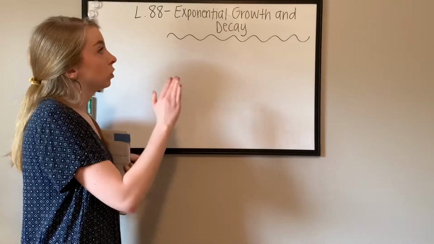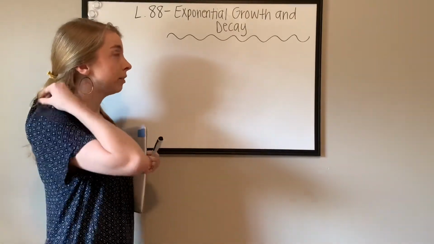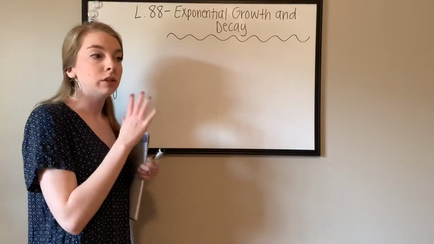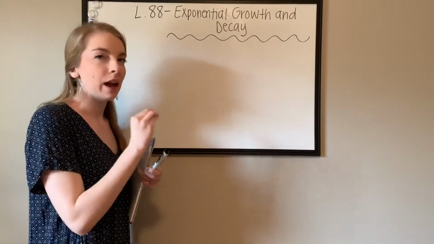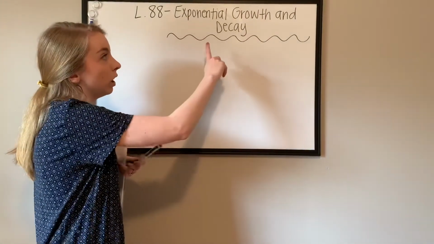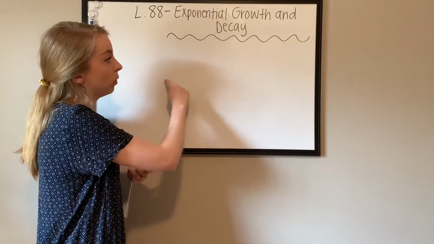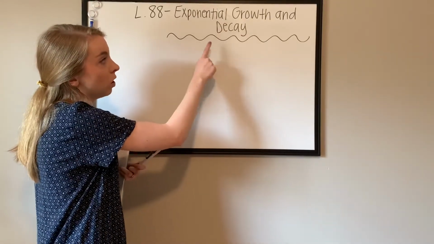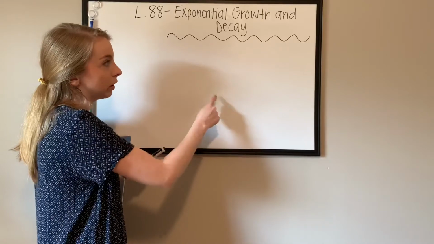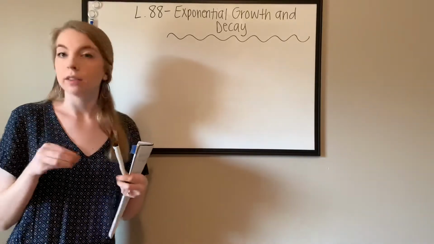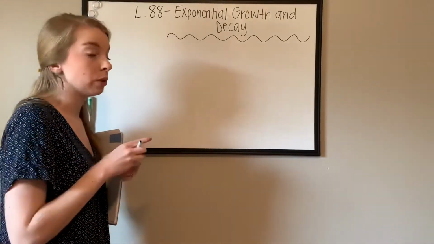So exponential growth and decay is a certain type of function that has certain variables that you're dealing with every time, and it's either growing, which means it's starting from a point and going up exponentially, or it's decaying, which means starting from a point and going down exponentially. And there's a formula that you just have to memorize for exponential growth and decay.